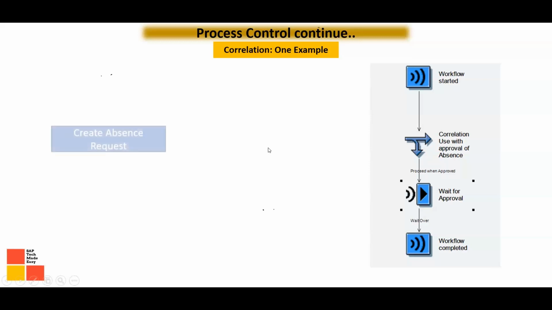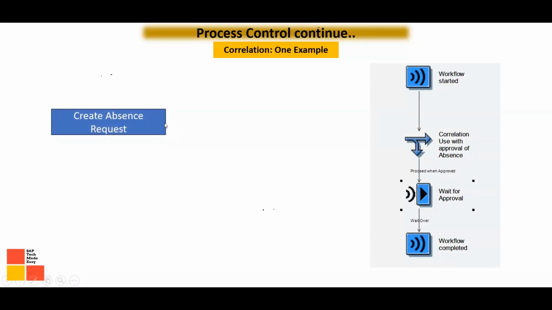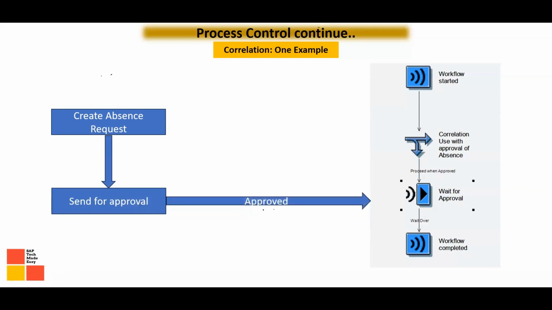See in more detail. Come here. One person will be creating an absence request, and once the absence request is created, it will be sent for approval to the manager. Once the manager approves, this workflow, which has a process control step, which is waiting for an event to receive as an approved event, then it will complete.